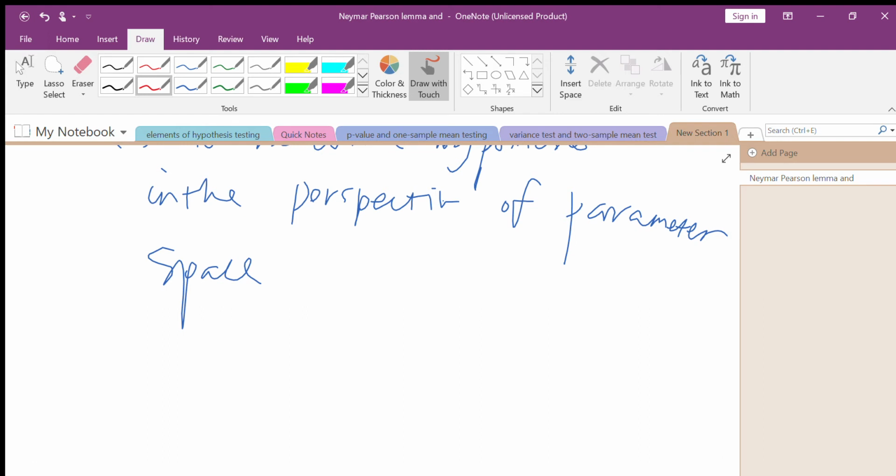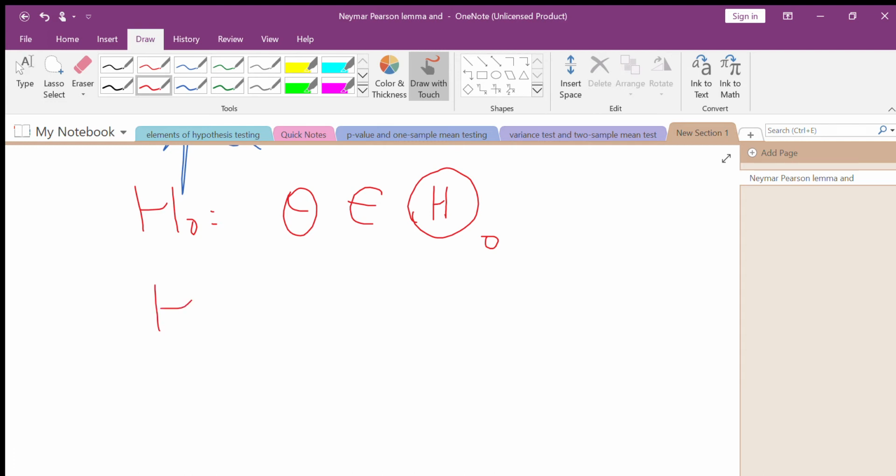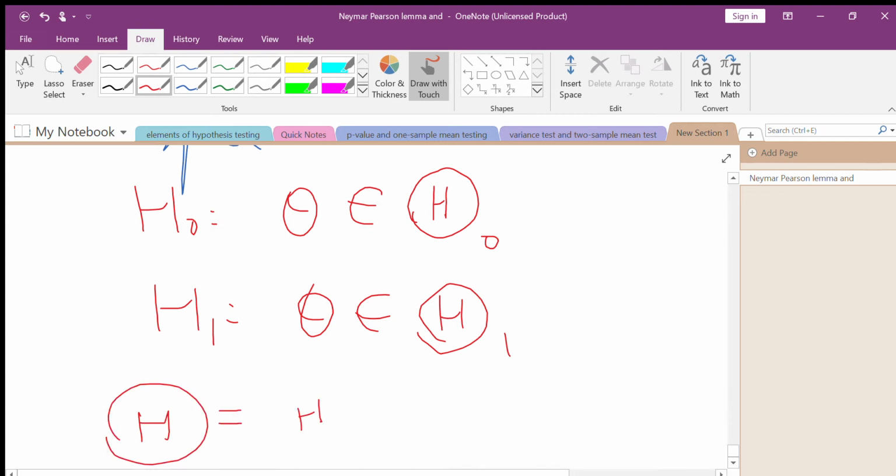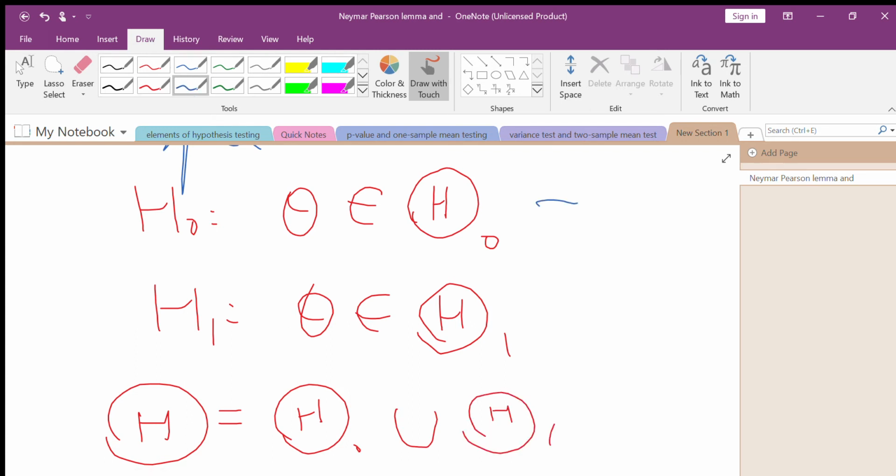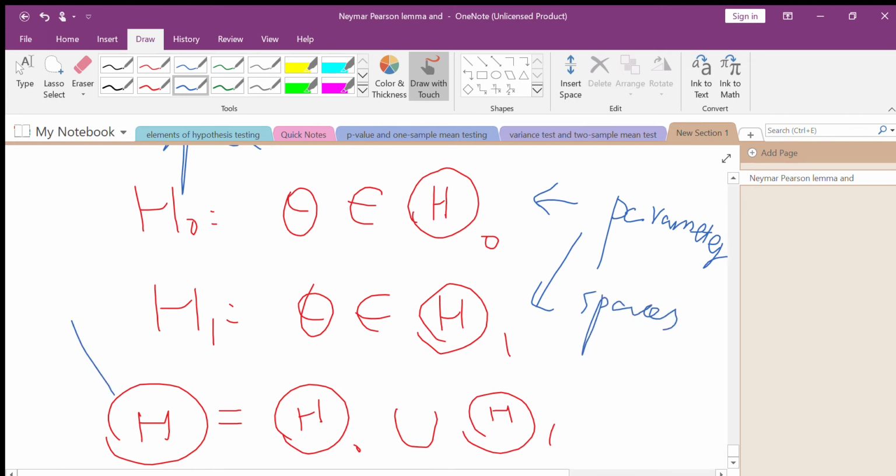So we write H null as theta in capital theta 0 and H1 as theta in capital theta 1, and the whole parameter space capital theta equals theta 0 union theta 1. So these are the parameter spaces corresponding to the null hypothesis and alternative hypothesis, and this is the whole parameter space.